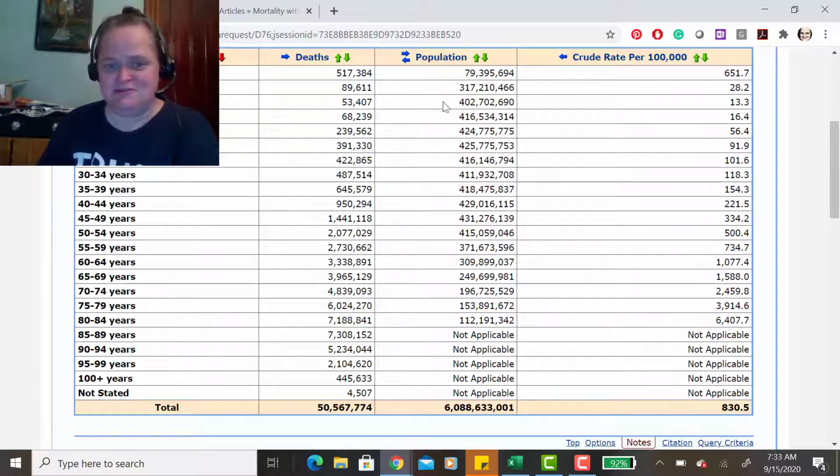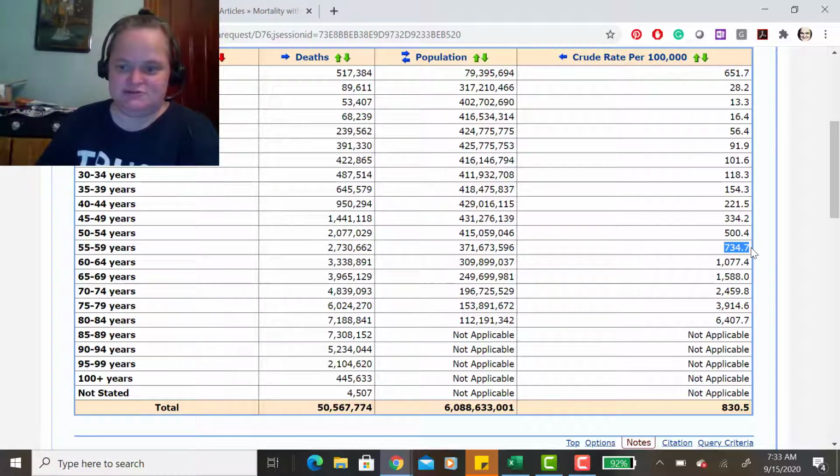But if you look at the crude rate per 5-year, and I'm going to adjust this in a moment so that we can take a look at how things have changed over time. Infant mortality doesn't look that great. You go up to here, it's almost equivalent to middle-aged people in their 50s. But you can see how rapidly that death rate climbs.